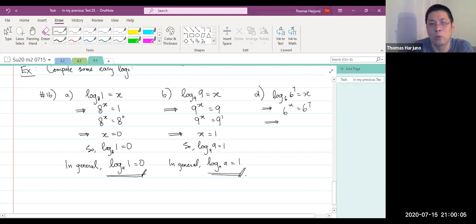So by one-to-oneness, x equals 7. So log base 6 of 6 to the 7 is 7. In general, log base a of a to the n equals n.